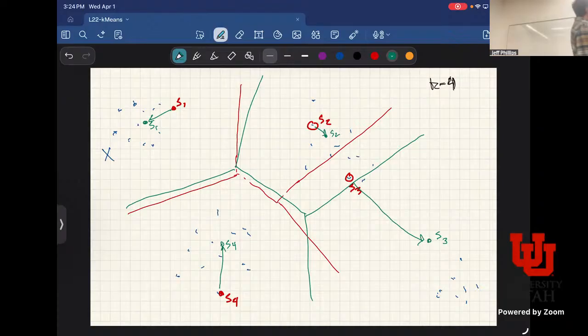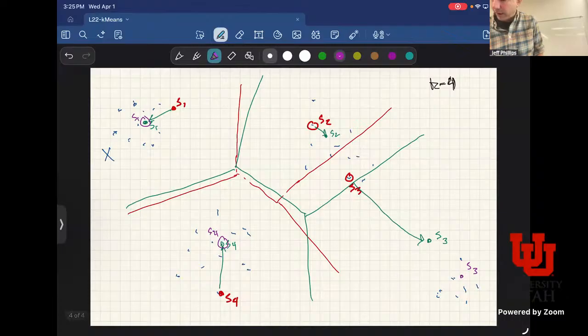So let's say the Voronoi diagram is here, and it's pretty close to the right assignment. S1 will stay here. S4 will stay here. There's no change in the assignment. S3 will move down to here. It's pretty close to the mean, but there's still one point that's in the wrong spot here.